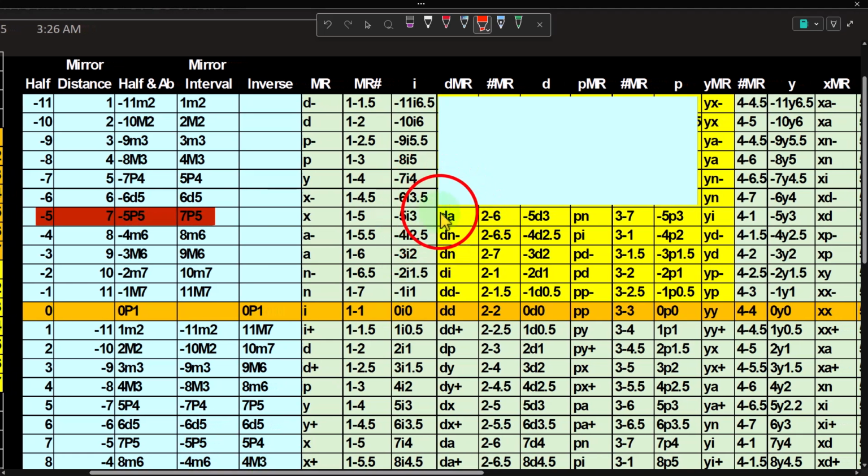I'd rather say, however, if looking at the perspective of the Dorian, it's a DA modal range, a 2-6 modal range, which would be a distance of counterclockwise 5 from the Dorian node and counterclockwise or -3 modal half steps. From the standpoint of the Phrygian, it would be a PN modal range, a 3-7 modal range, which would be once again -5 steps back counterclockwise from the Phrygian node, which would be -3 modal half steps backwards.